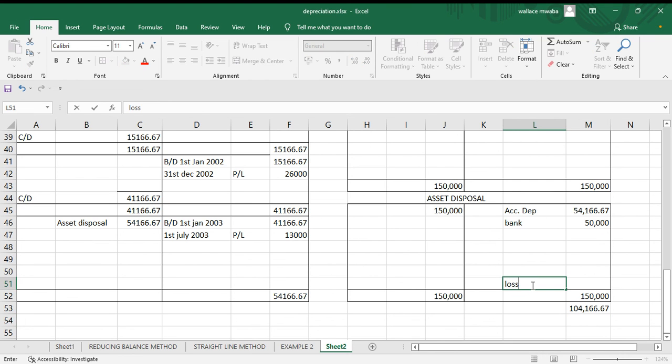So the loss on the disposal of the equipment is going to equal 150,000 minus 104,166.67, and the loss is 45,833, and this will go in our profit or loss statement, and it will be subtracted from our gross profit.